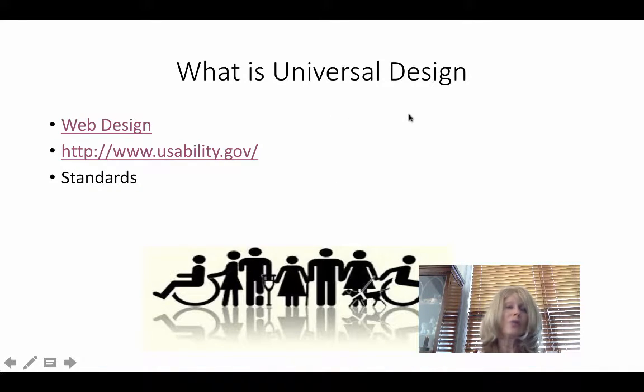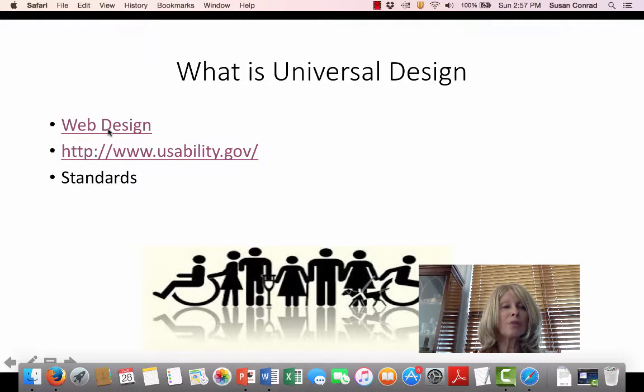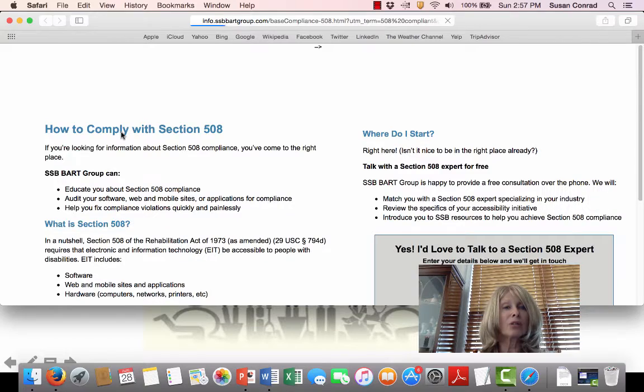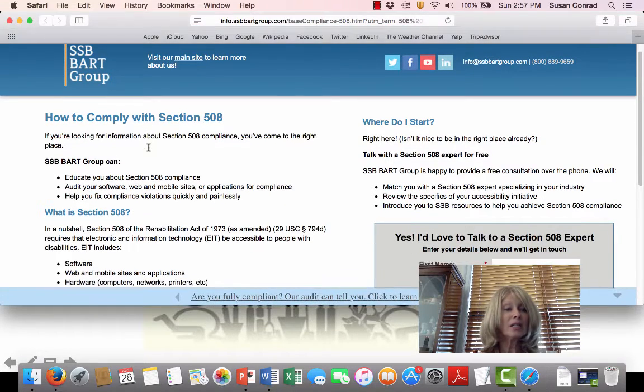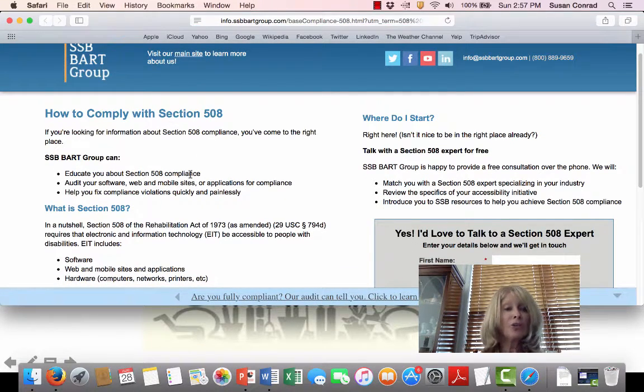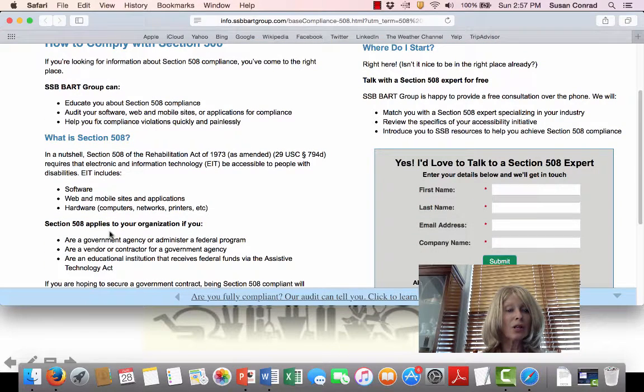Universal design. So specifically, what is it? Well, if you do any web design, there's something called 508 compliance. If you're going to take any web design courses, 508 compliance is about how you make sure you're doing whatever you need to do to help people who are handicapped, visually impaired, or audio impaired, and who are not necessarily totally disabled.